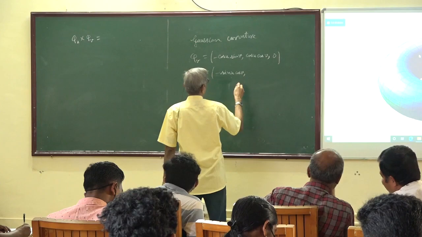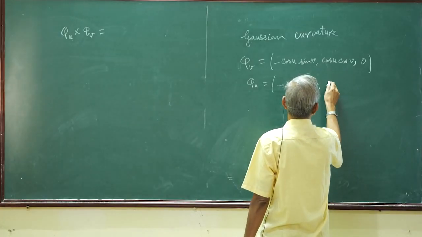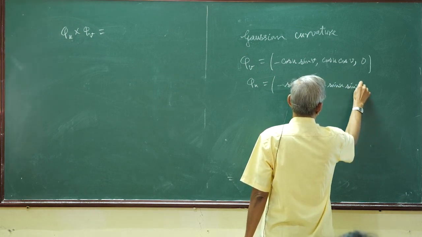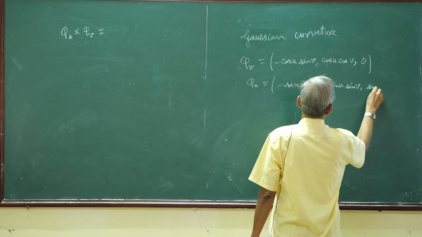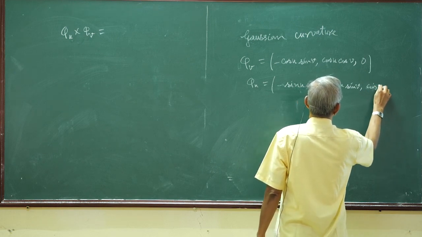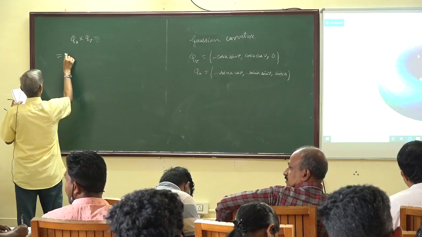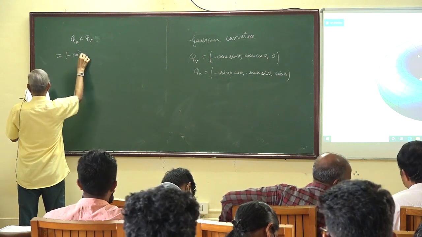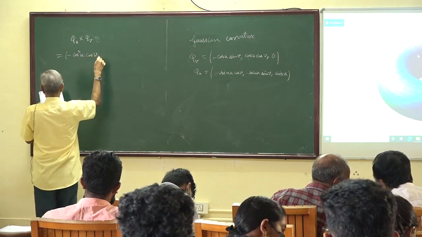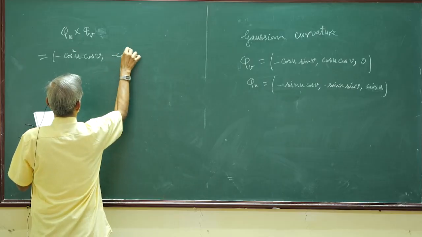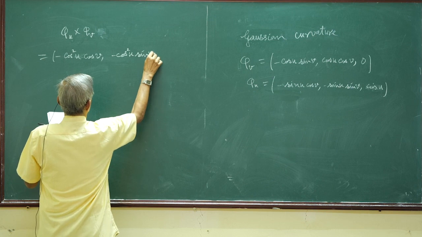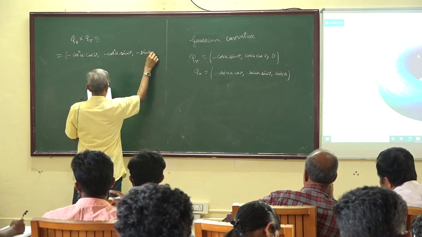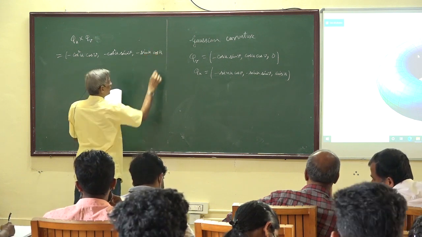Cos u sin v. Minus cos square u cos v, minus cos square u sin v.